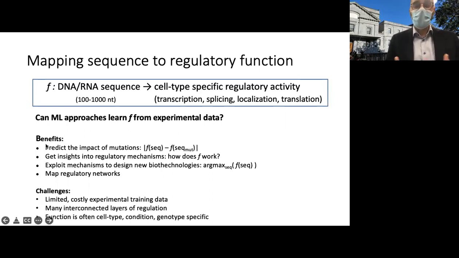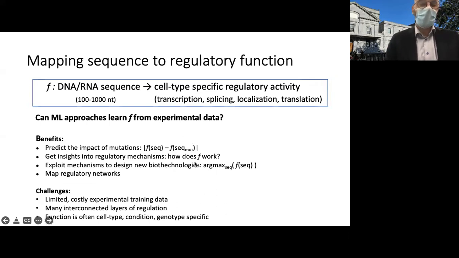Okay? So if we were able to learn a function like this, or a set of functions like that, we would be in a great position, because we would be able to not only identify regions of the genome that have properties that we want, by just scanning with a sliding window and applying our function to each of those locations, but we would also be able to predict the impact of mutations by comparing the predicted function of one sequence versus the predicted function of its mutated version.